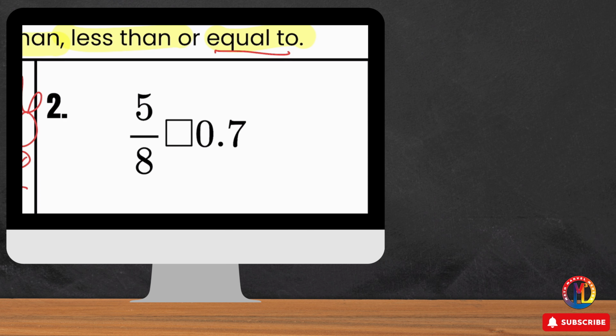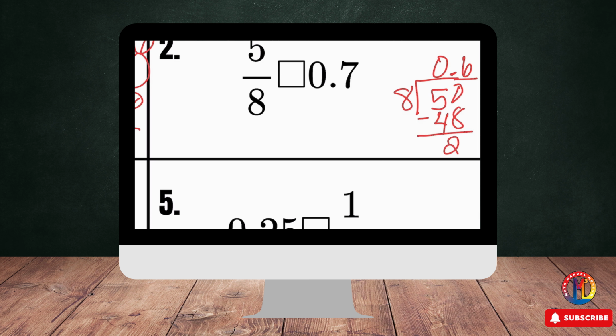So 5/8 versus 7/10. I'm going to convert 5/8 to a decimal. So 8 goes into 5 0 times, but 8 goes into 50 6 times. 6 times 8 is 48. I'll have 2 left over.